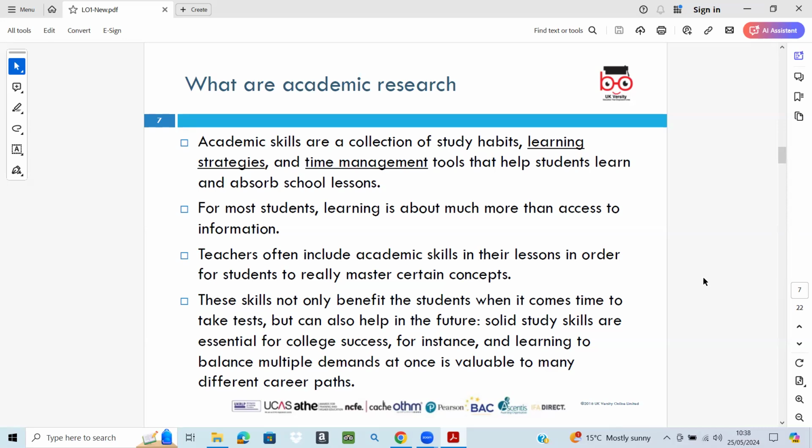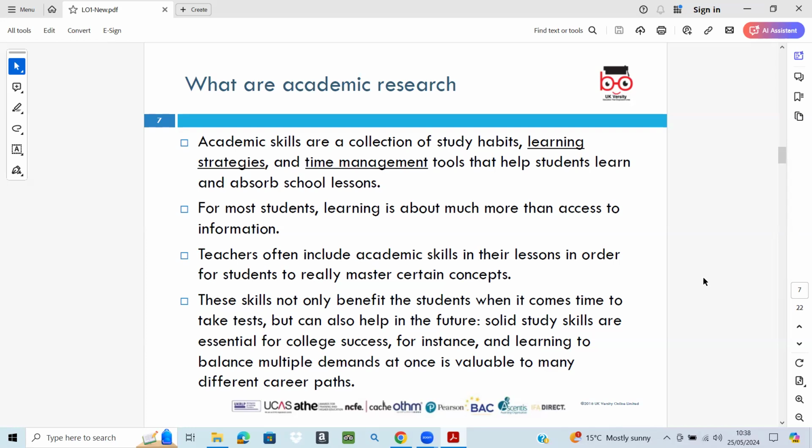So why is it important, the importance of academic skills? Academic skills are crucial tools that help students learn effectively and manage their academic responsibilities. These skills include study habits, learning strategies, and time management tools.